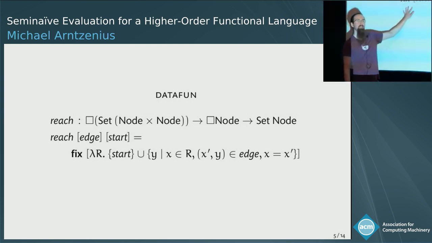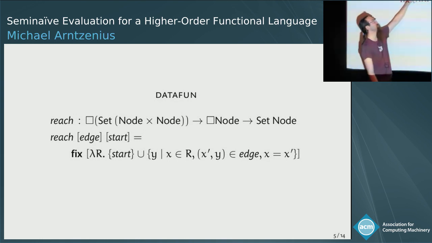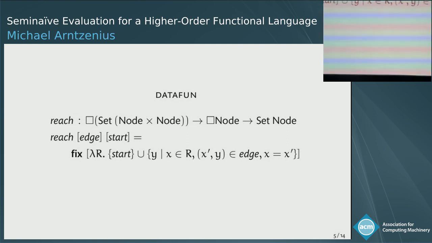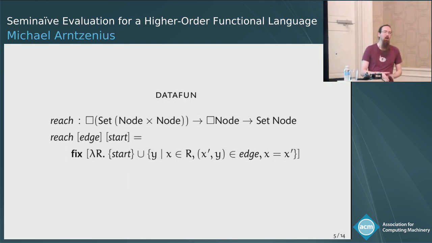Fix is semantically a monotone operation, right, but we add a box here for implementation reasons, and because box is kind of contagious, that means we also need to box these arguments because they're used inside the fix point. Is there some kind of semantic justification for why you need to do that?